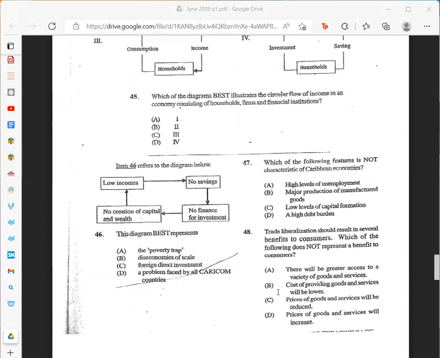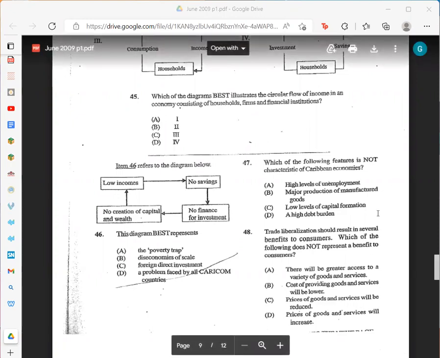It looked like the poverty trap. Yes, it's exactly the poverty trap. The poverty trap is where you're making such measly income. You can't save, you can't invest, you can't create wealth. You can't buy a house to inherit, you can't buy properties, you can't buy stocks, you can't do a business.